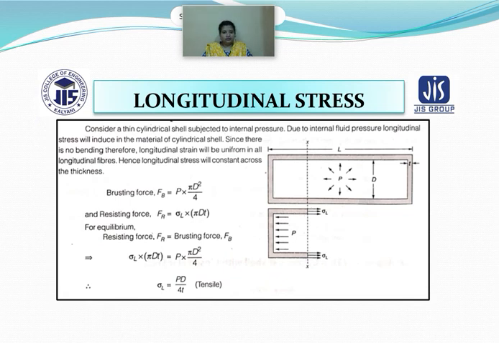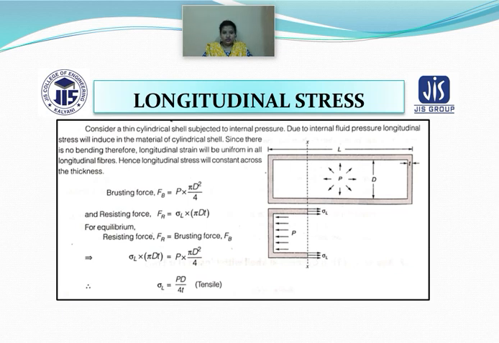Now let's have a look at the longitudinal stresses. In the case of longitudinal stress, we have considered a thin cylindrical shell that is also subjected to internal pressure, and due to this internal fluid pressure, longitudinal stress will be induced in the material of the cylindrical shell.